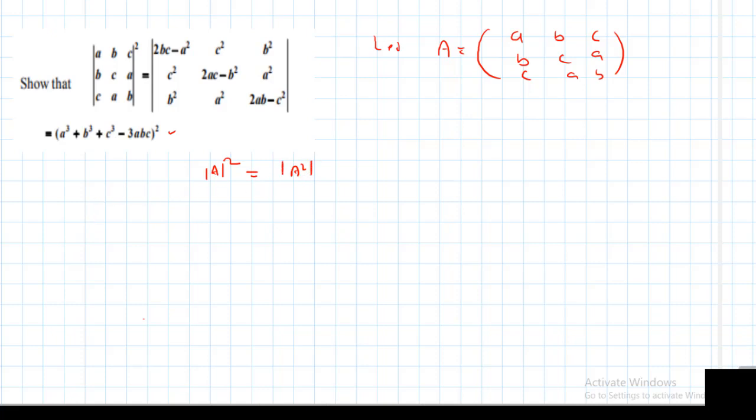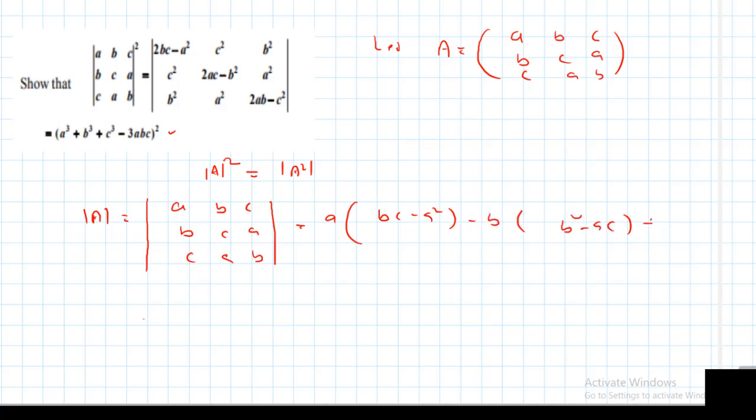First of all I want to find det A. What is that? A, B, C, B, C, A, C, A, B. So directly you can find this: A of BC minus A square, minus B of B square minus AC, plus C of AB minus C square. Now I want to open that.